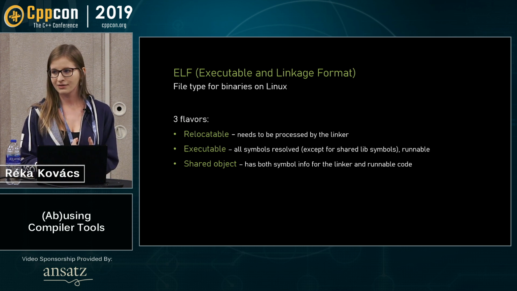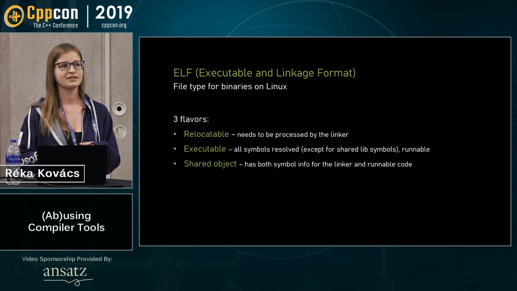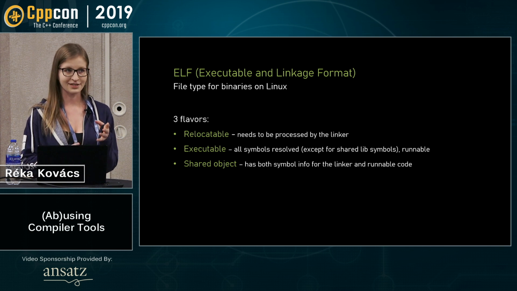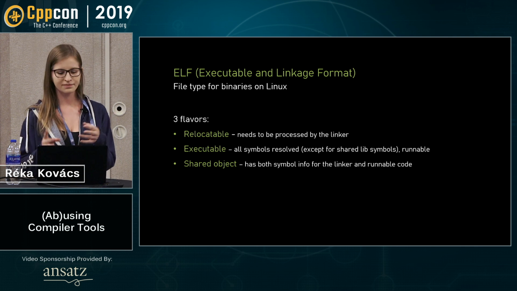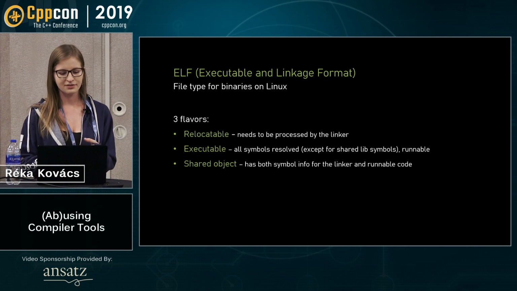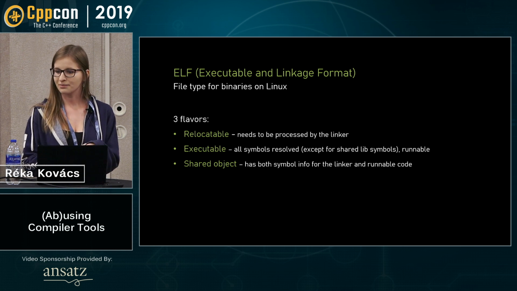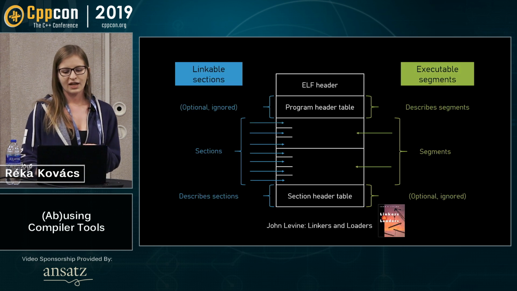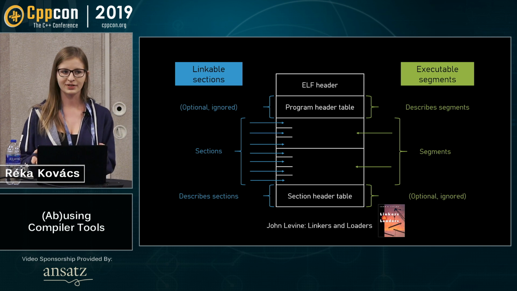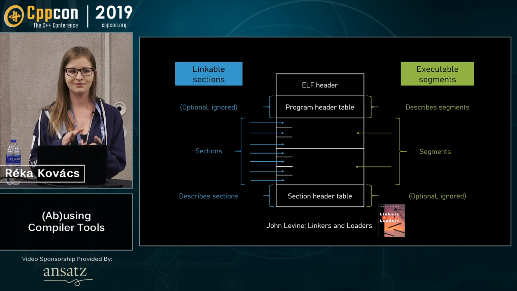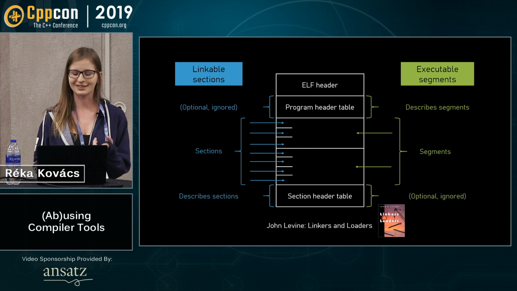You can have a relocatable file, which is what you get during regular compilation, the .o and .obj files that you then link together. You can have an executable, which is already runnable, or you can have a shared object, which is kind of in between. And so the ELF file format needs to accommodate all these three flavors of functionality.